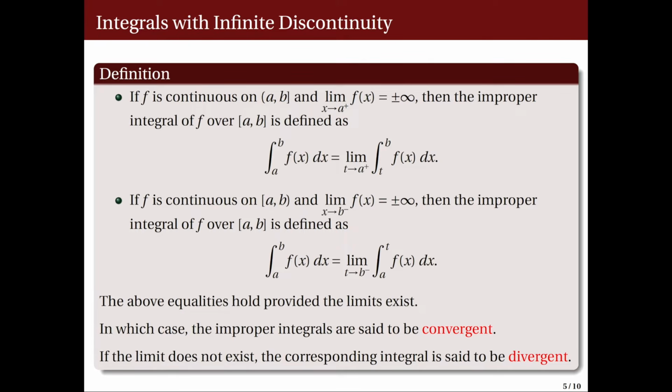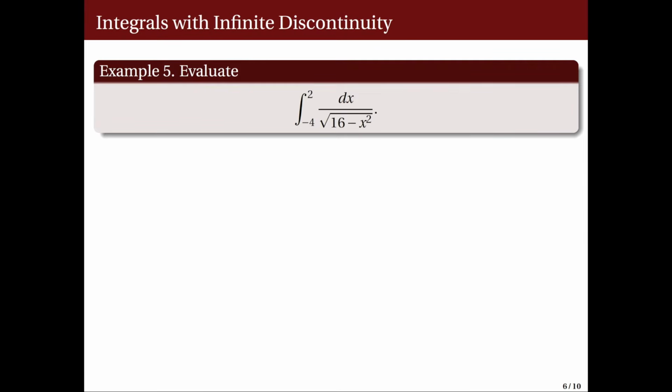Let's take a look at some examples. In this example, we consider the integral of the function 1 over the square root of 16 minus x squared, evaluated from -4 to 2. At first glance, this problem looks ordinary.